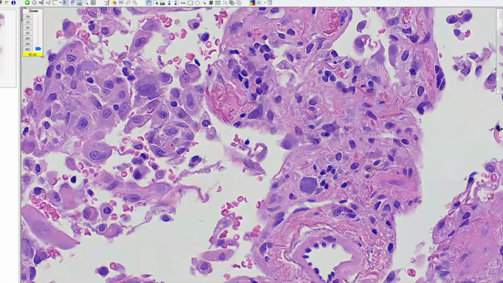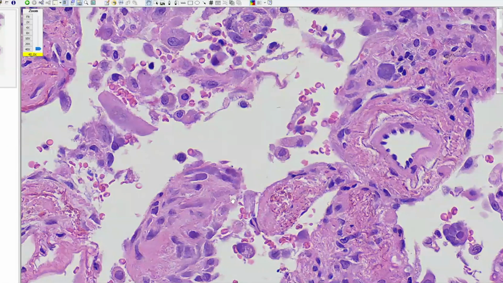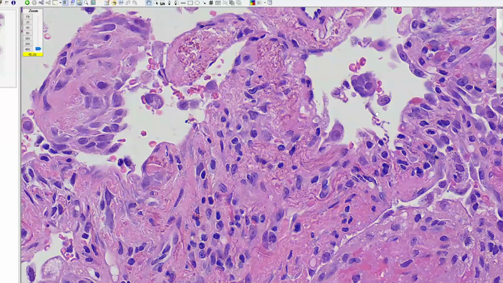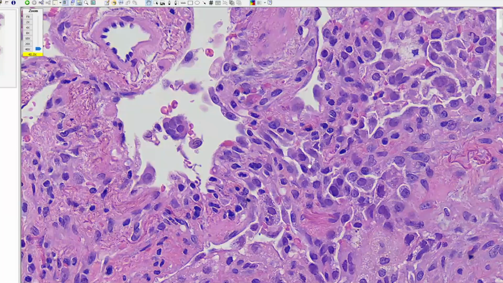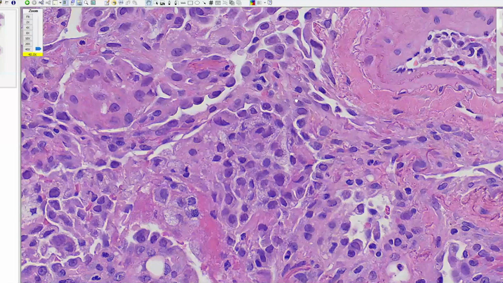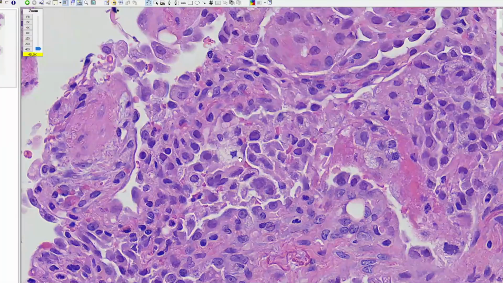The foamy change is really quite prominent in this case. So we have acute lung injury and this really prominent foamy vacuolation of both the macrophages as well as the pneumocytes.